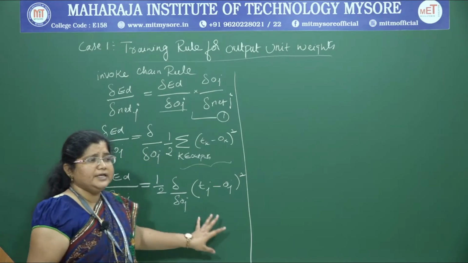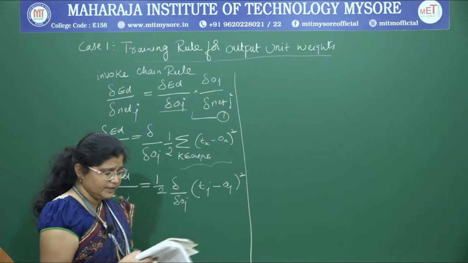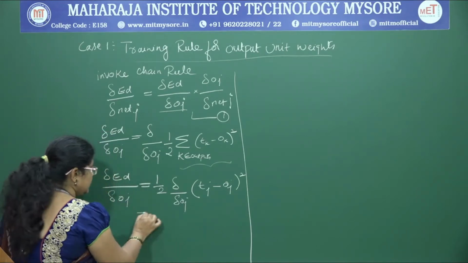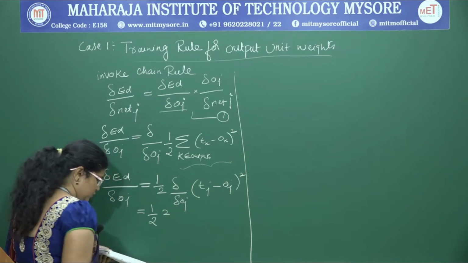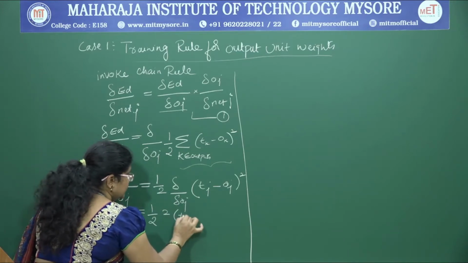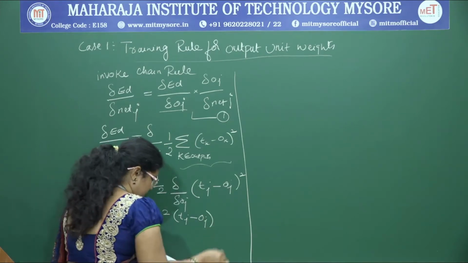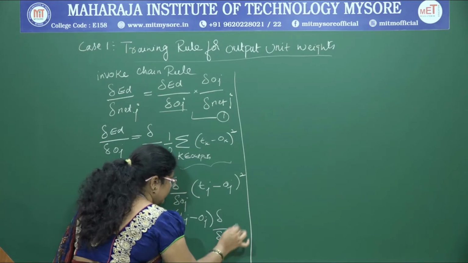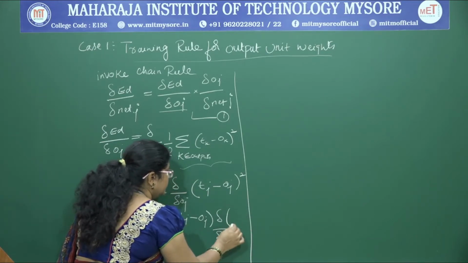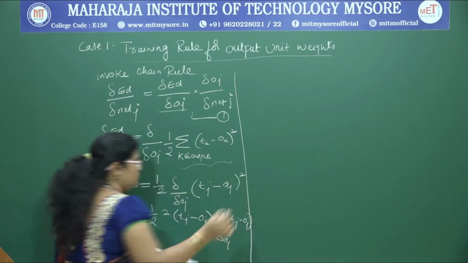By applying differentiation, we get half into 2 into (tj minus Oj) into del by del Oj of (tj minus Oj).